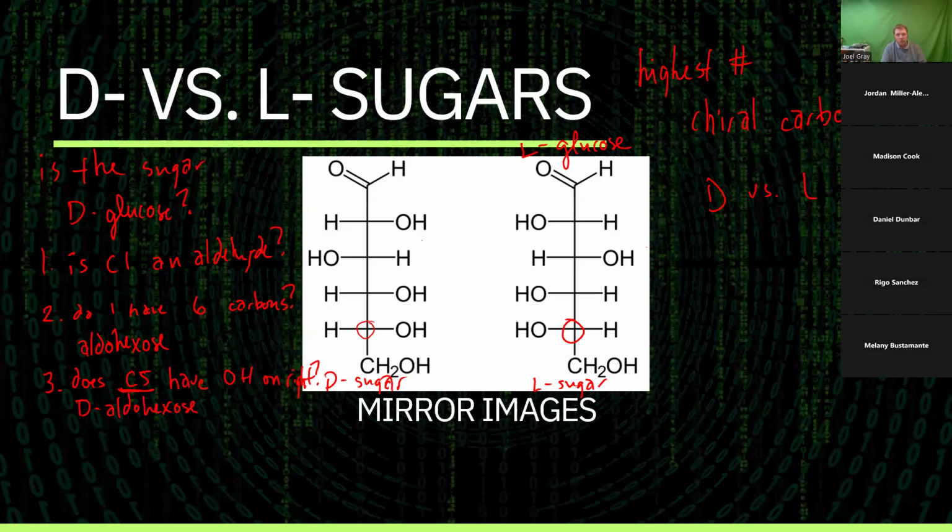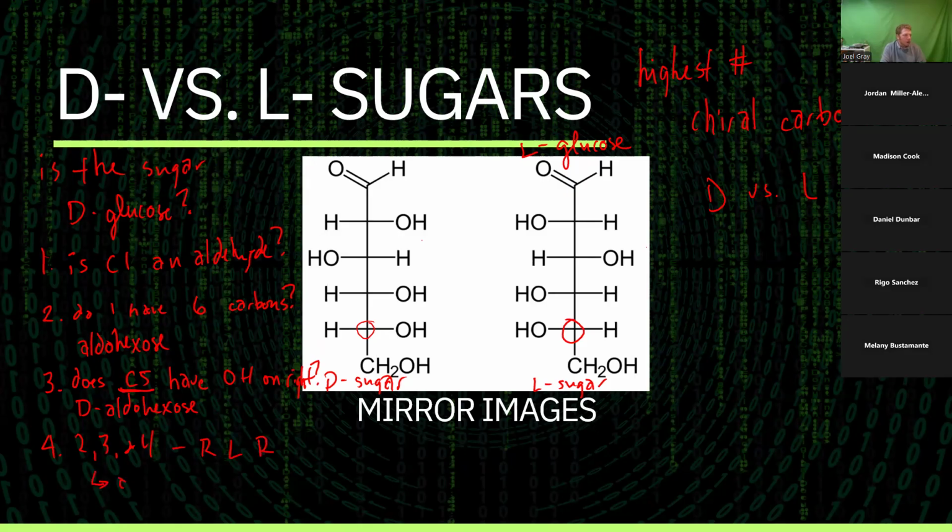As soon as I do that, I can say my highest numbered chiral carbon is carbon number five. Therefore, carbon number six is not a chiral carbon. So we've gone through these questions. At this point, I'm only worried about carbons two, three, and four, and I have that pattern of right, left, right.